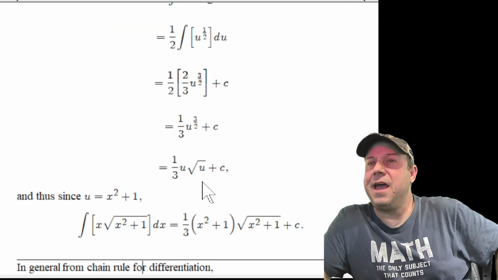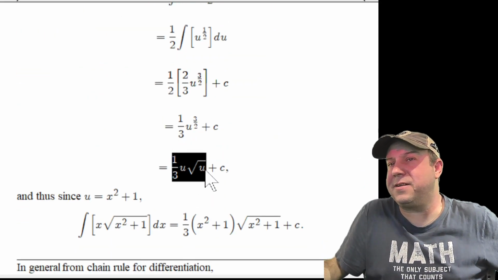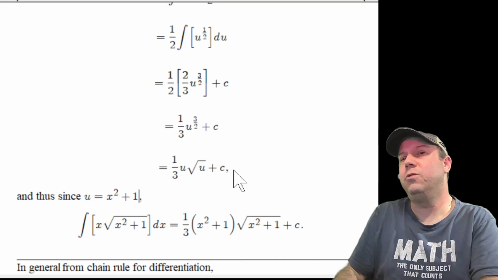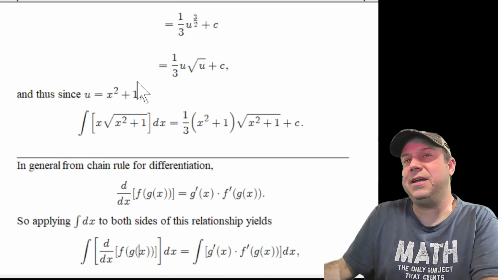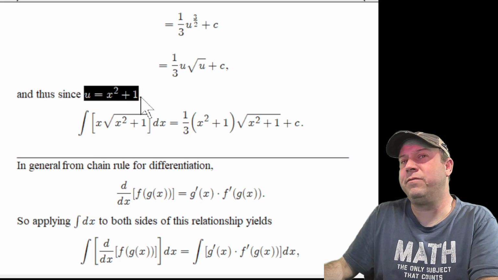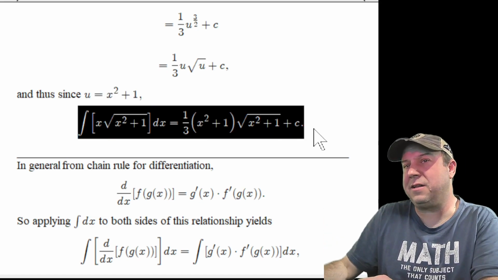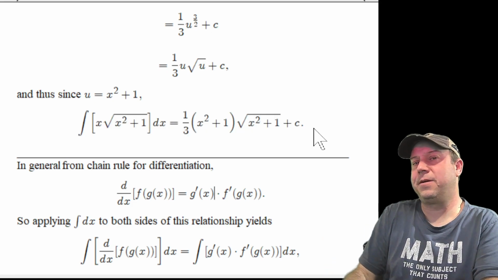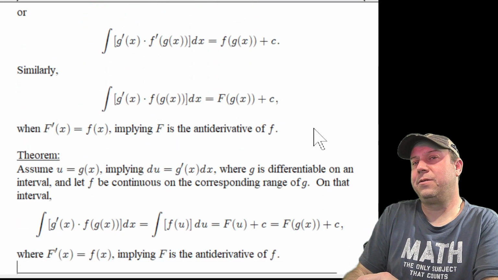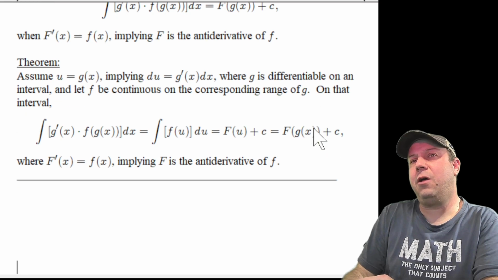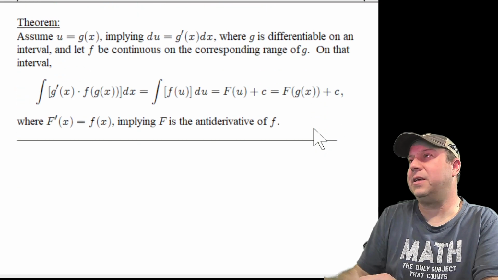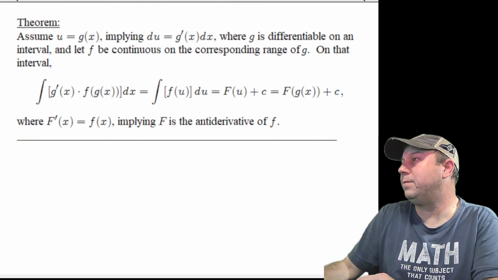And then in the end, when I obtained my antiderivative in terms of u, I did want to go back in and substitute in for the value of u its value in terms of x to obtain my final answer in terms of x. Right? Which is all being highlighted here in this theorem.